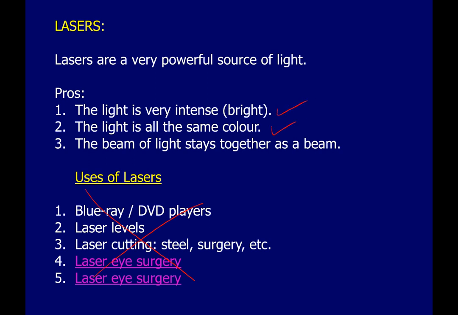It's all exactly the same color, so you're not using any sort of color filter. Like a red laser is all red. And the beam of light stays together longer as a beam. Whereas most light sources spread out in a sphere, right? So the energy is reduced the further you get away. Whereas a laser beam all stays together and goes in a line, like in a laser pointer.